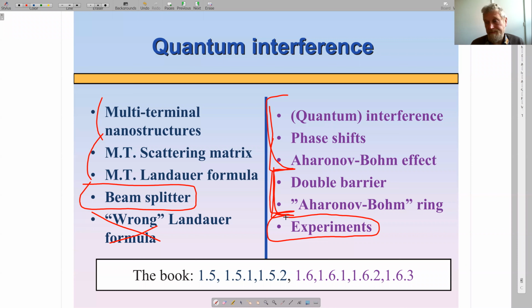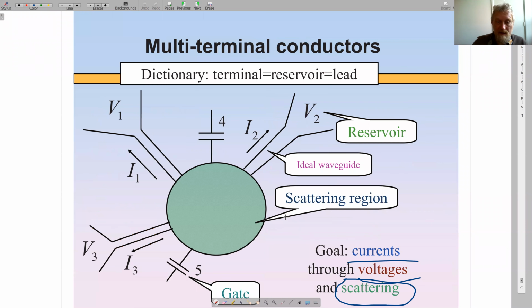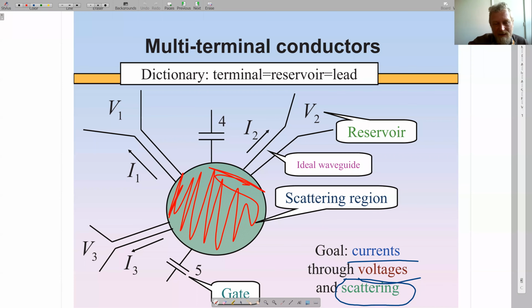Good. Let me start with multi-terminal nanostructures. Here I've drawn one. First of all, the details of the nanostructure are not that important, and can be completely regarded as a case of the scattering matrix.